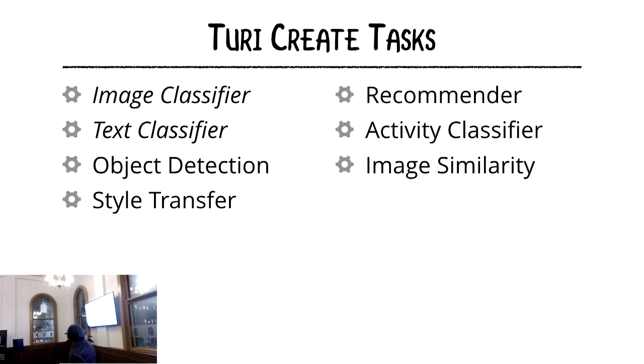For example, the image similarity and the object detection are based on that really big VGG thing, the 500 megabyte thing. But for some of the other things, there is probably more than one possible base model, and that's where they look at your data and try to pick the best one. You don't have to worry about it. You just hope that they get it right.